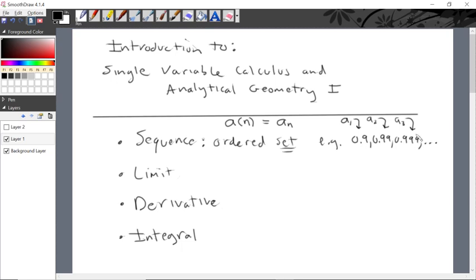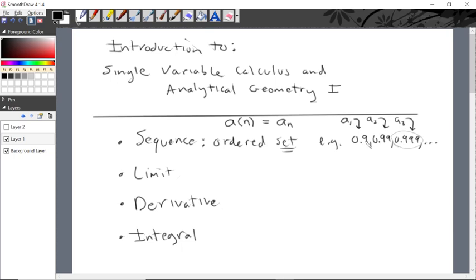In other words, we can choose to stop at any value within the sequence, and we can find the difference between that value and 1. The further out in the sequence we go, that difference is going to get smaller and smaller.